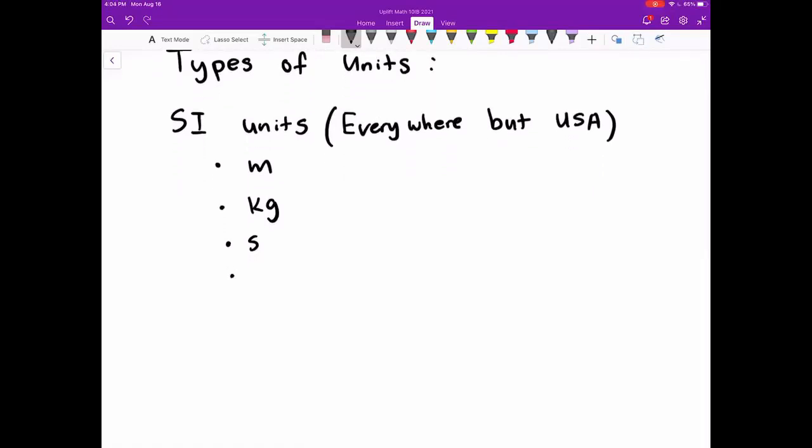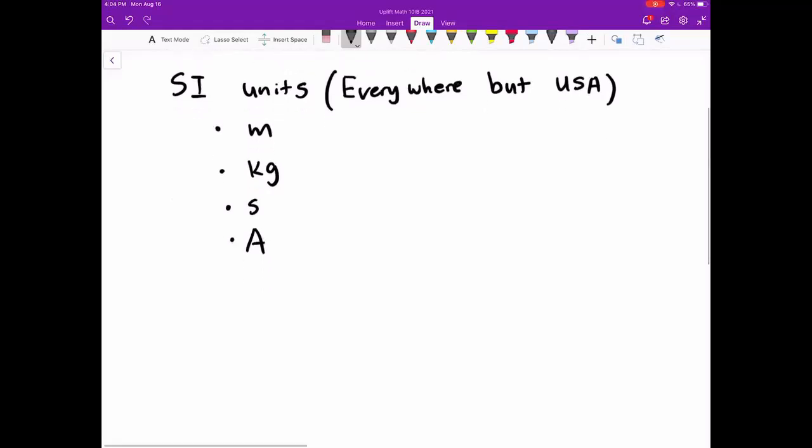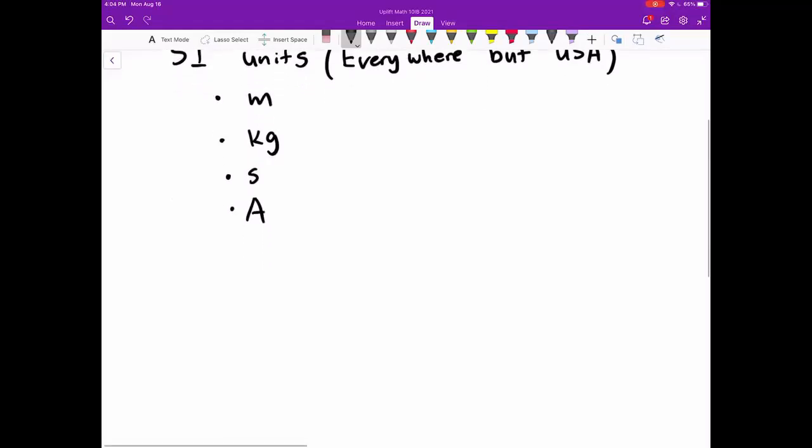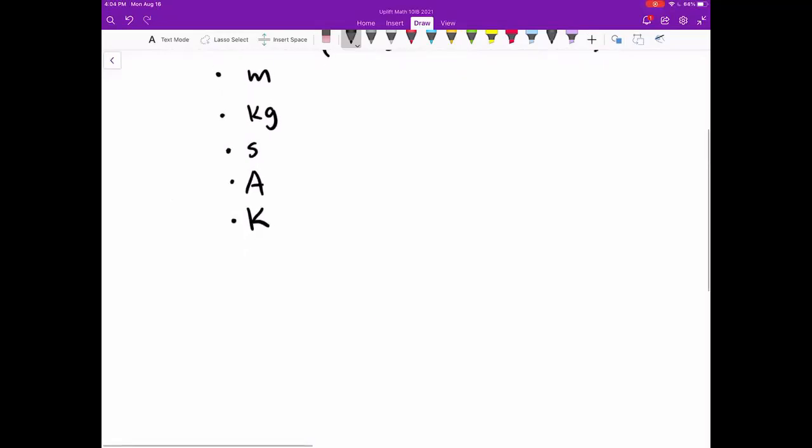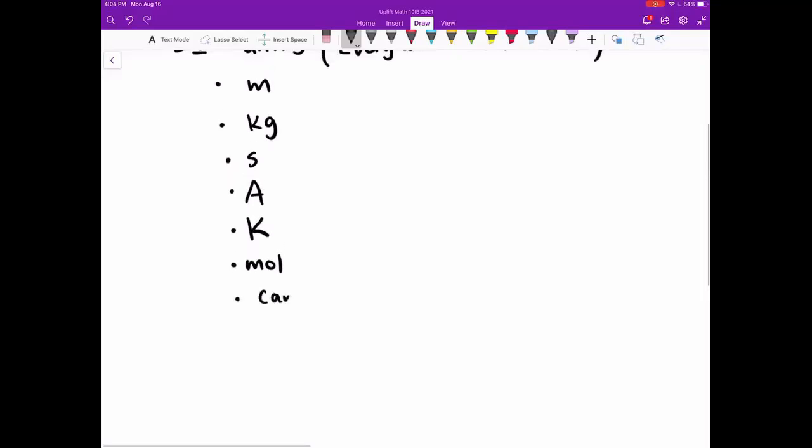The fourth one is amperes, and that is for electric current. The fifth one is kelvins, and that's for temperature. Then we have the mole, which is the amount of substance something has. And the seventh one is candela, which is the unit of brightness.